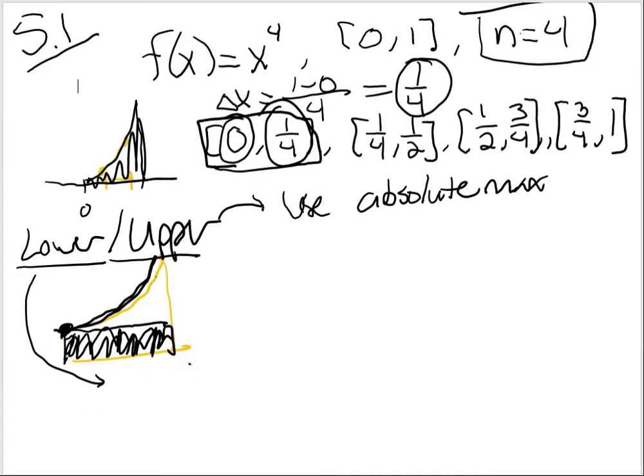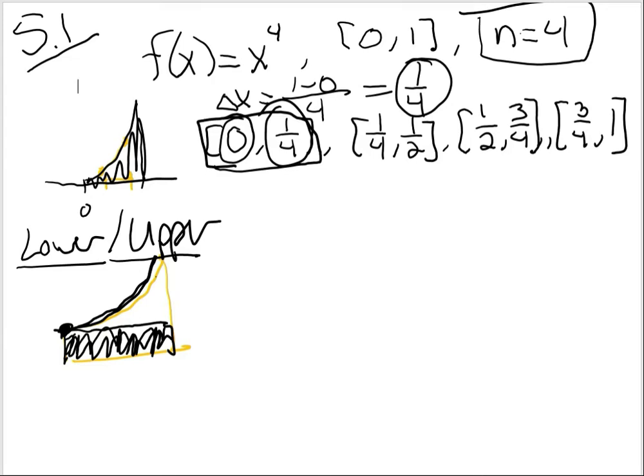So whenever we have this question of finding upper or lower sum, because we're talking about absolute max and min, that means we're going to have to use our techniques from last chapter to find on each one of these intervals what the absolute max and min are. So we could do that with the first derivative test.